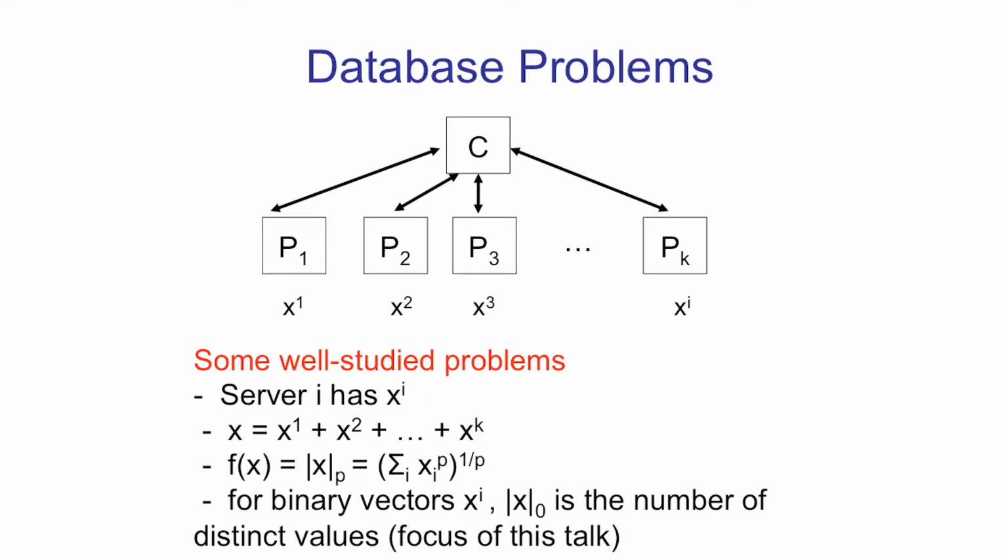Okay, so this has a natural application. If these vectors xi on each of the players are binary, then it's just the characteristic vector of a set that that player holds. And when we look at the zero norm of the sum of these vectors, this is just the size of the union of all of these sets. Okay?